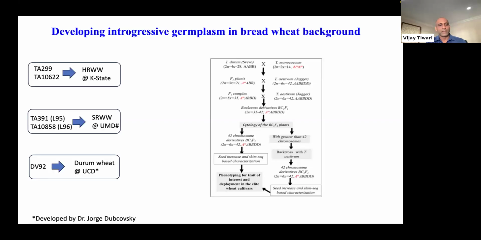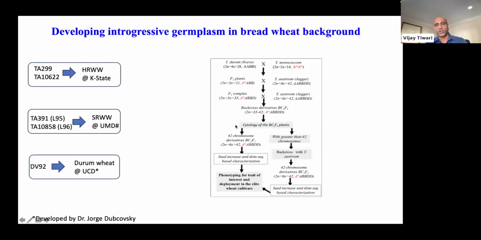In addition to these, Dr. Jorge Dubcovsky has also shared some introgression lines from DV92. It's a domesticated einkorn wheat, and we are identifying the introgressions in those.